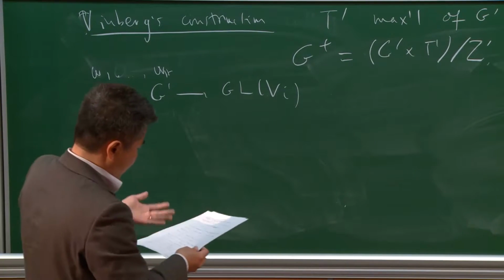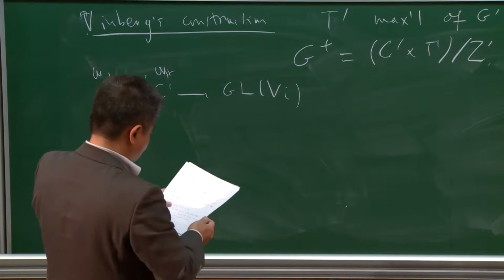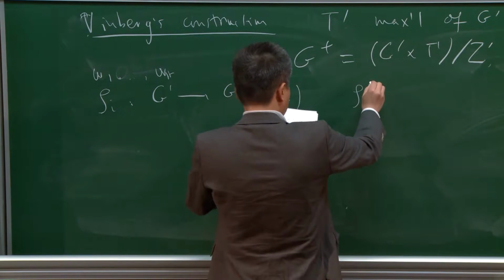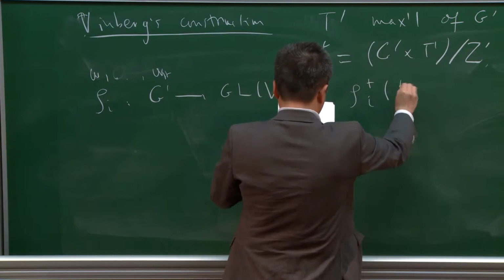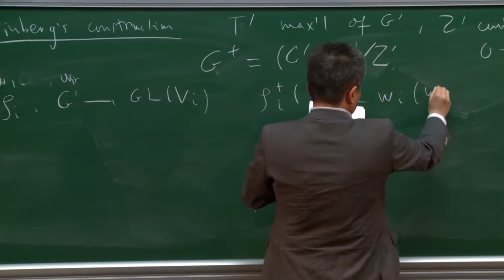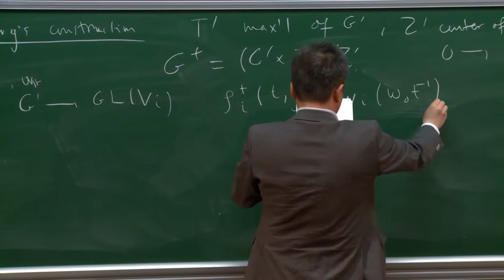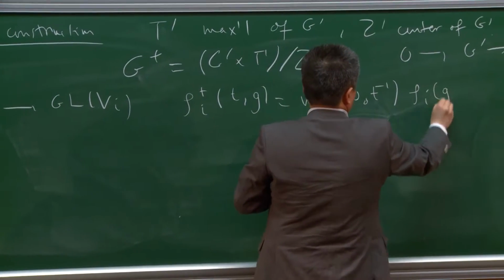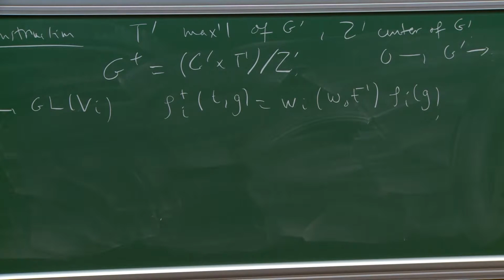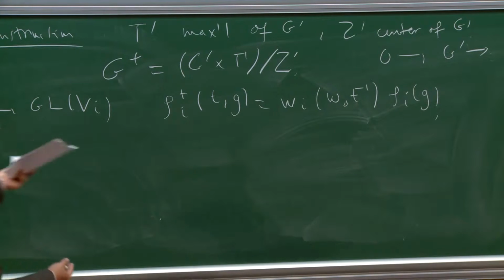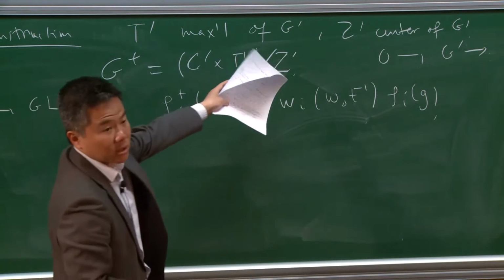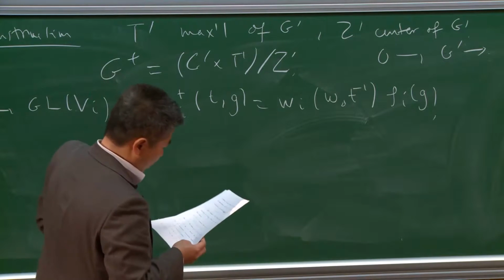And I had to try, and the only way to do it is to write this formula. It looked complicated, maybe because I didn't choose the right normalization, but when you try, it's the only formula you can write. So that it factorizes through the center. Okay.